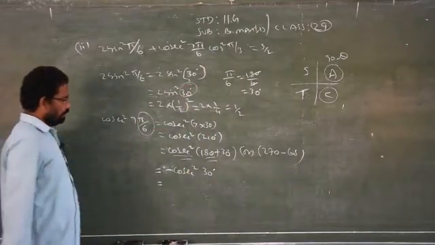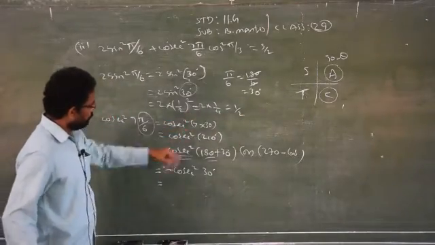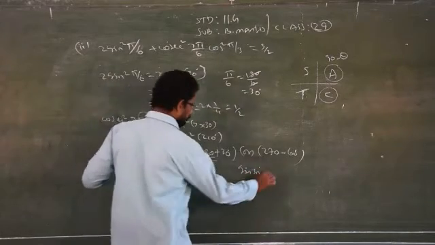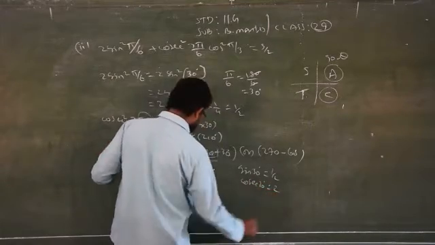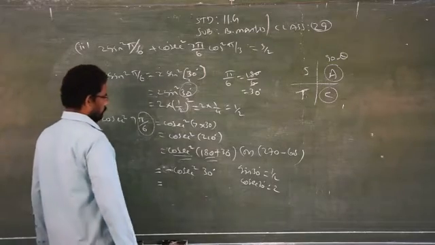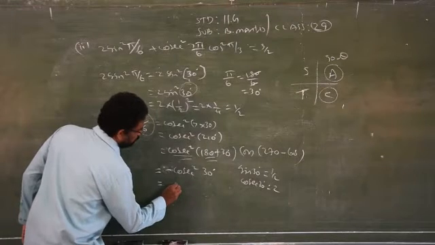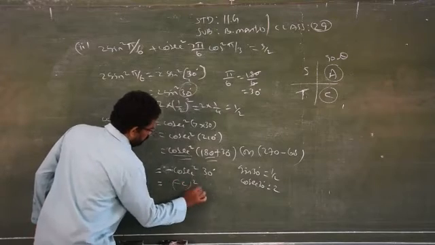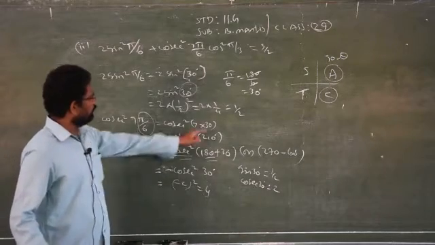What is the reciprocal of 1 by 2? See, sin 30 degree is 1 by 2. Therefore, cosecant 30 degree is 2. So you have to square it. Square, that is, you will get 4. So 1 by 2 plus 4.